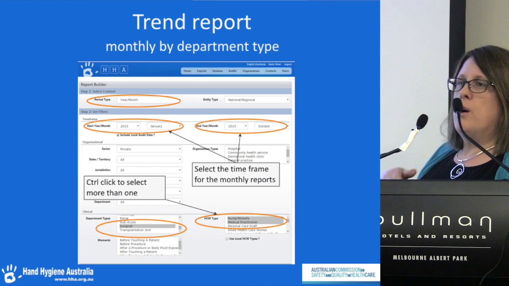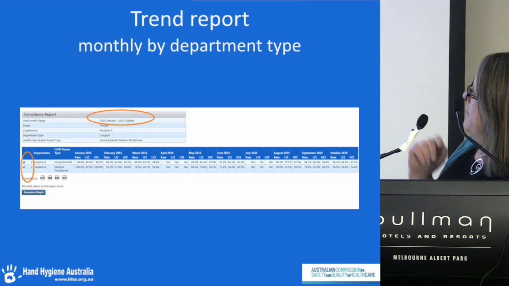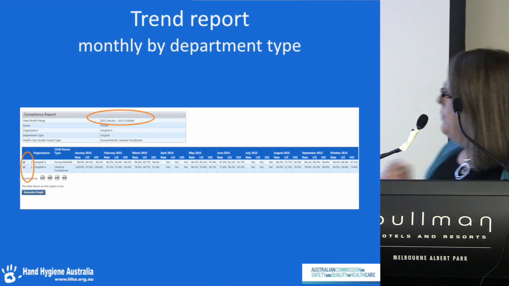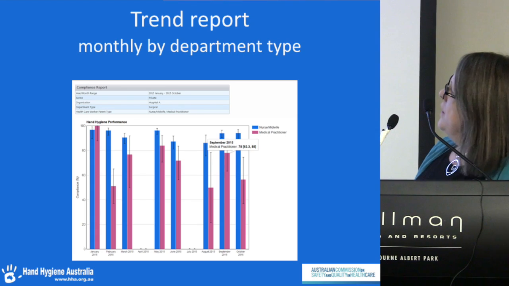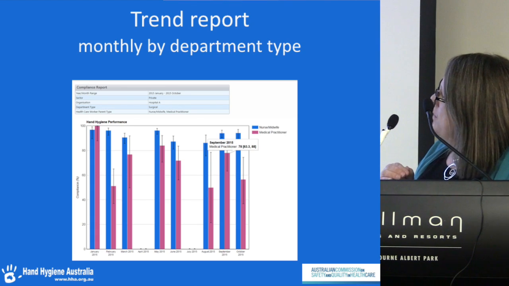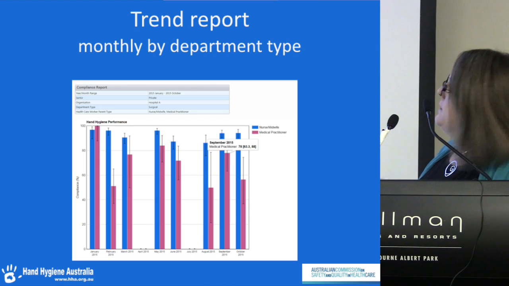So there's a lot of filtering options available that you can use. So the data's available in the table, which I can download, and then I can also generate the graph. So here I can see the 2 healthcare worker types with their compliance over a range of audit periods.